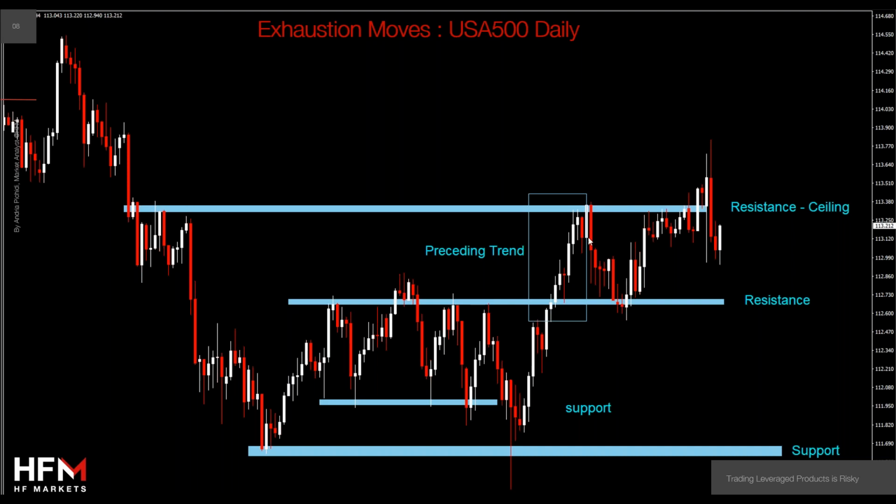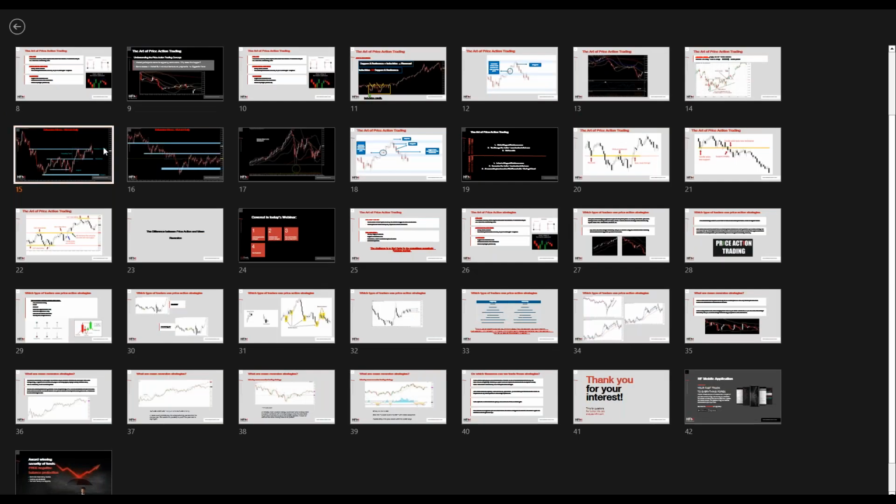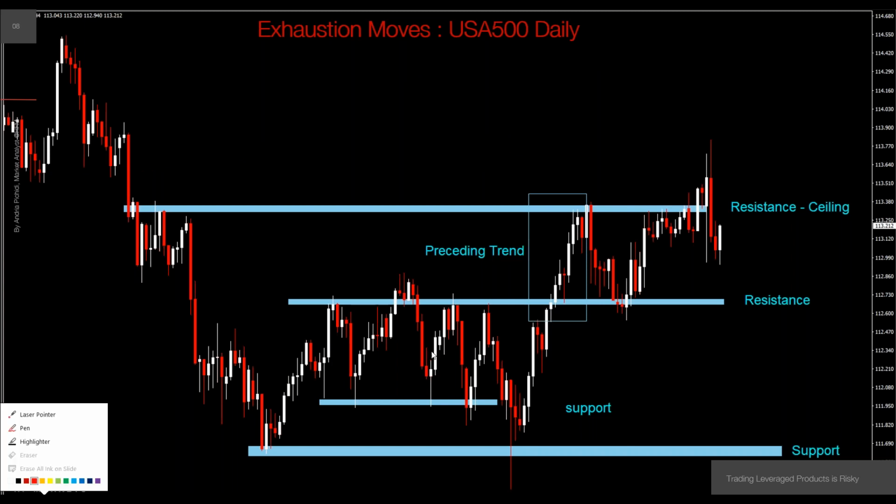Previous support, and it was pretty close with the range. So if I measure these, yeah, it's very close to this distance. Yeah, so target level, that one.